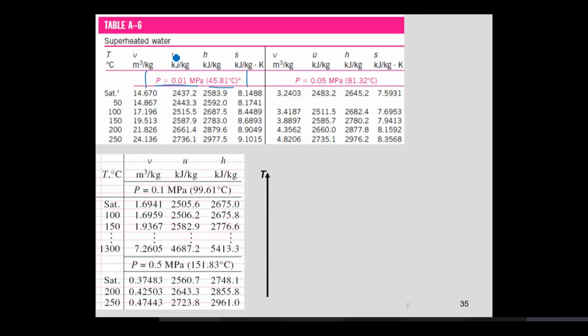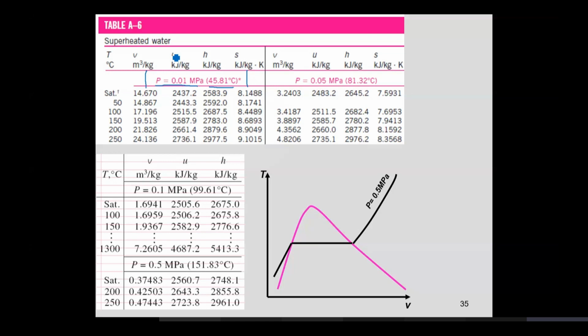For instance, I have this temperature-specific volume plot, and I say that my pressure line is 0.5 megapascal. So for 0.5 megapascal, I have this table over here. I'll go to the table which says 0.5 megapascal, and the temperature written in the bracket is basically my saturation temperature. So 151 is my saturation temperature.